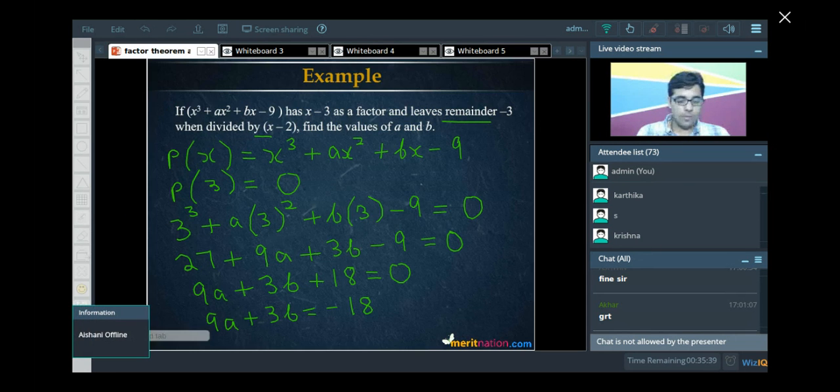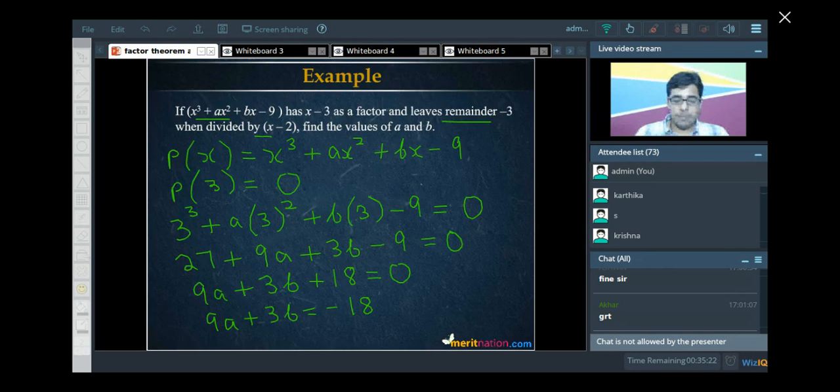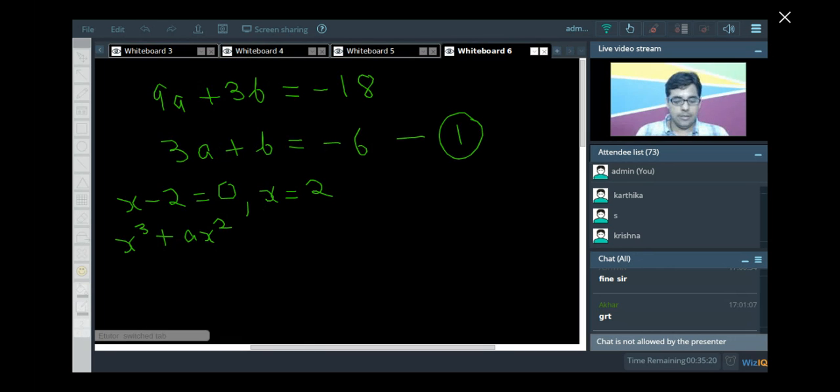Now, putting the value of x as 2 in this given polynomial, the polynomial is x cube plus ax square plus bx minus 9.